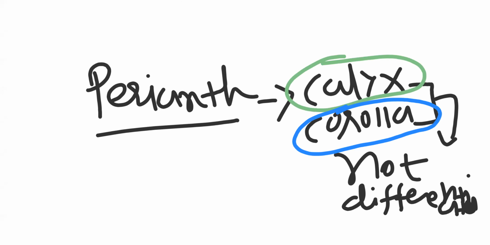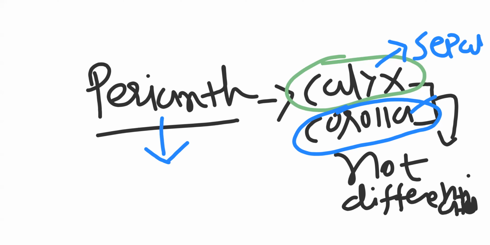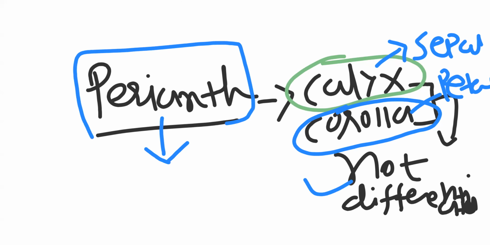If it is calyx, we call the unit a sepal; if corolla, we call it a petal. But if the calyx and corolla cannot be differentiated, both looking the same, either greenish or bright, that condition we call perianth, and each unit we call a tepal.